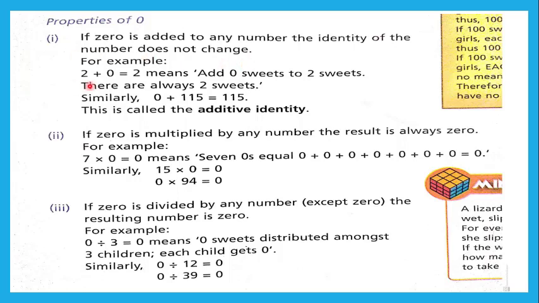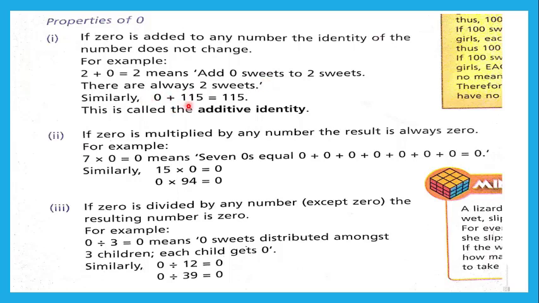For example, 2 plus 0 is 2. If you have 2 sweets and I ask you to add 0 sweets to your 2 sweets, your answer will be 2, because adding 0 doesn't change anything.